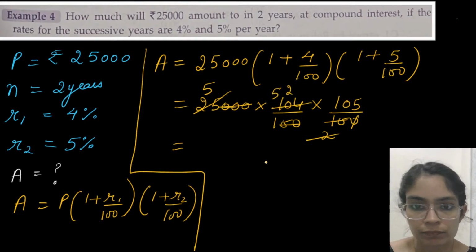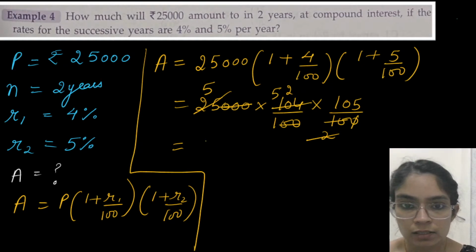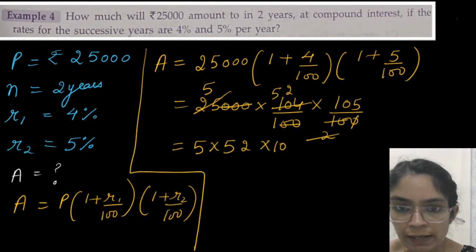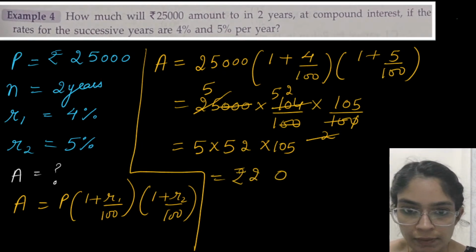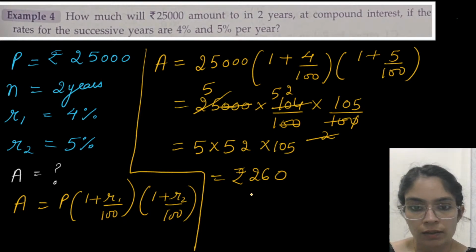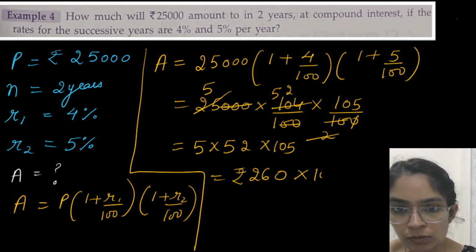So this is 5 into 52 into 105. So we can do multiplication here. 5 into 52 is 260. So this is 260 into 105.